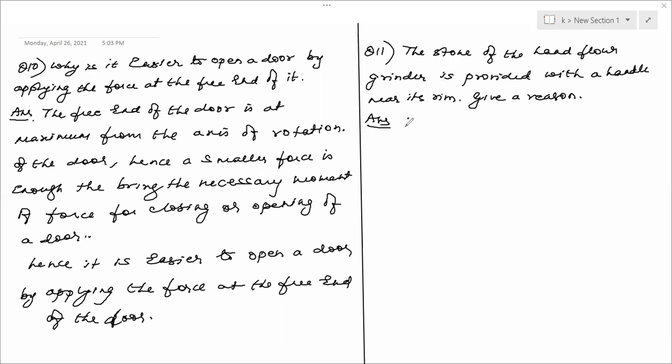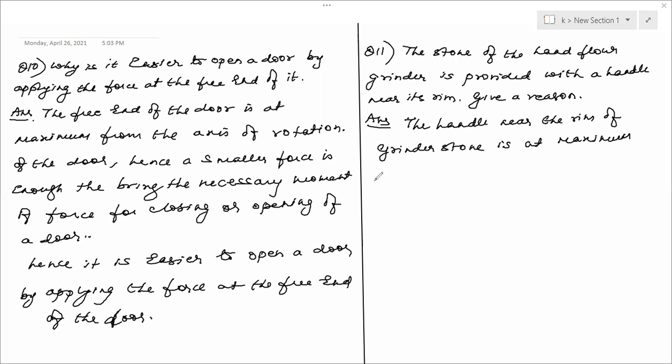The handle near the rim of the grinder stone is at maximum distance from the axis of rotation.